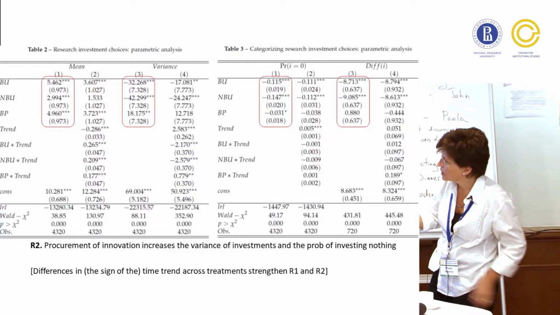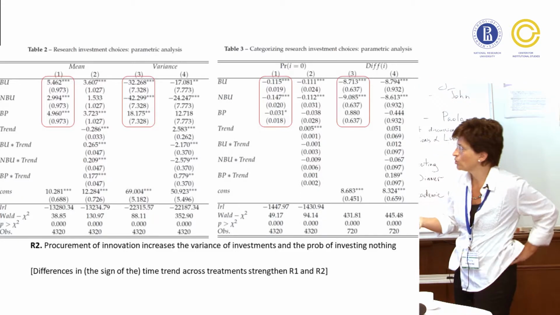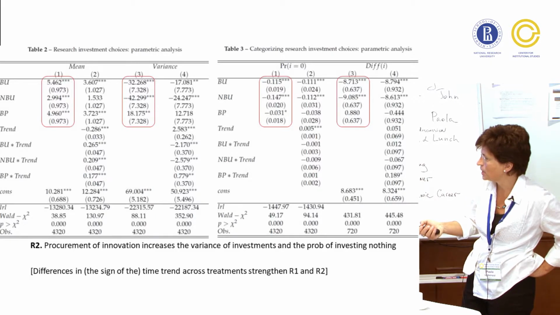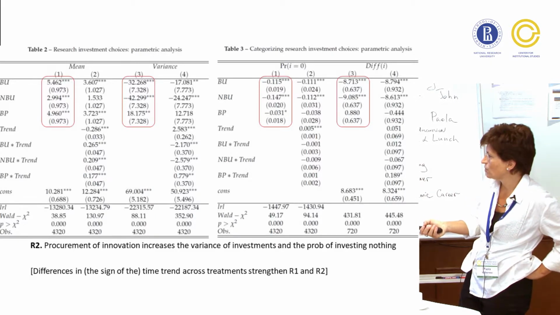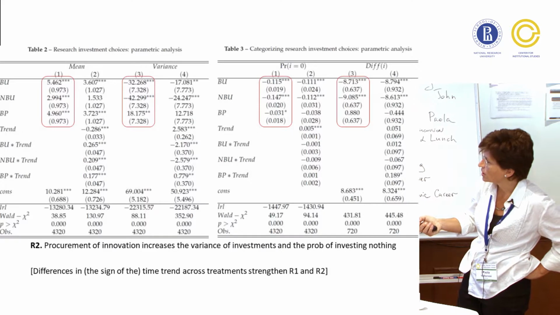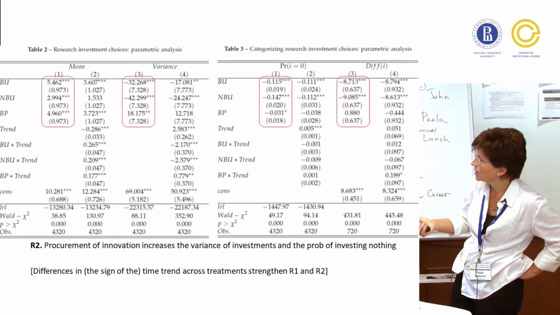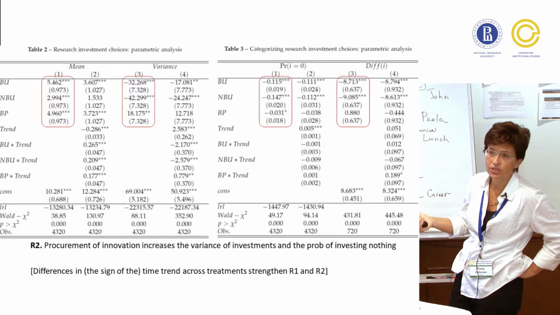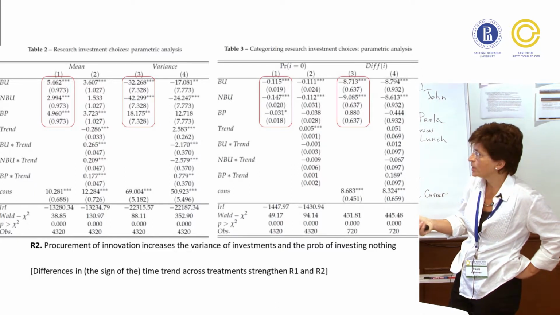What is relevant here is that the procurement of innovation, so this treatment here, increases the variance of investment, which is this one, with respect to the others, and the probability of investing nothing, which is this one, okay? Why can we say this?